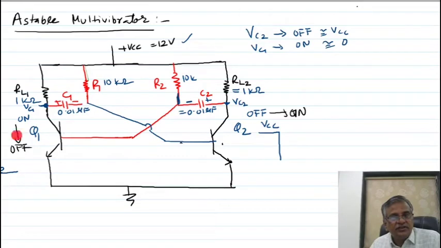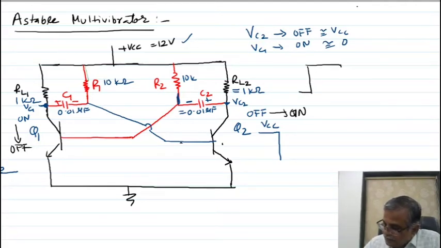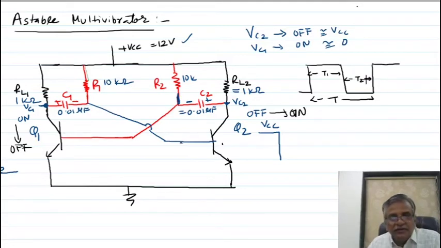It's a regenerative process. Now I am deriving the equation of the periodic time T. This is your T1, this is your T2, that I am deriving. Look here now.